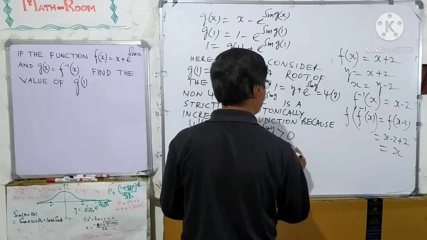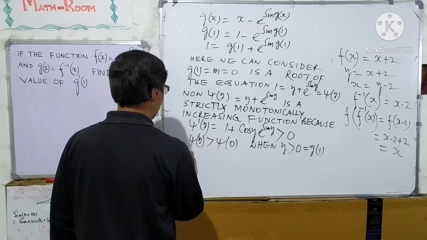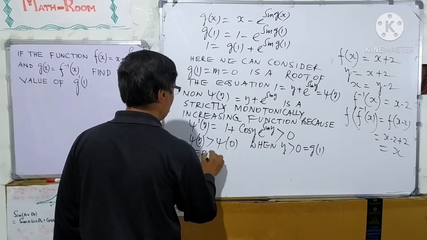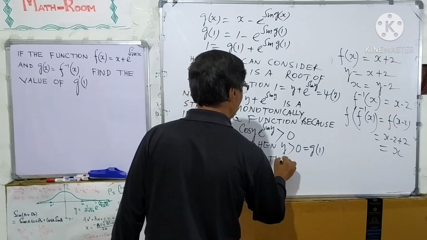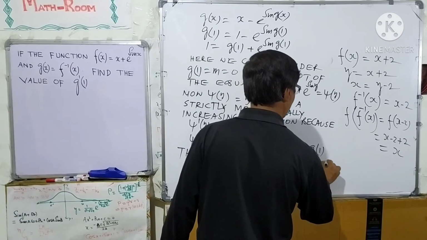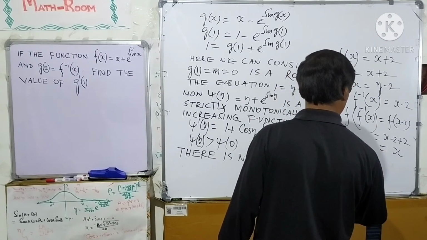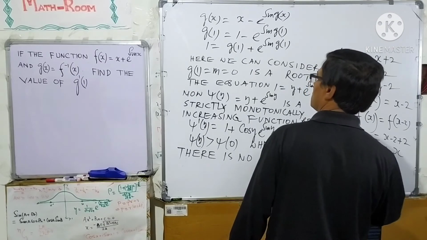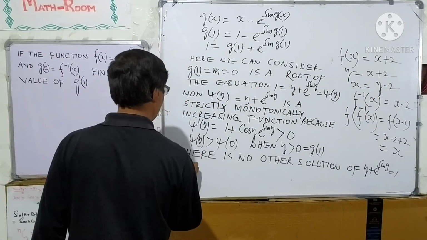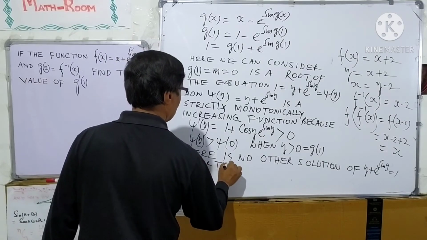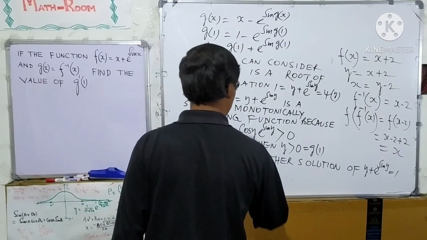So there are no other solutions of y plus e to the power sin y equal to 1 other than g1 equal to 0.